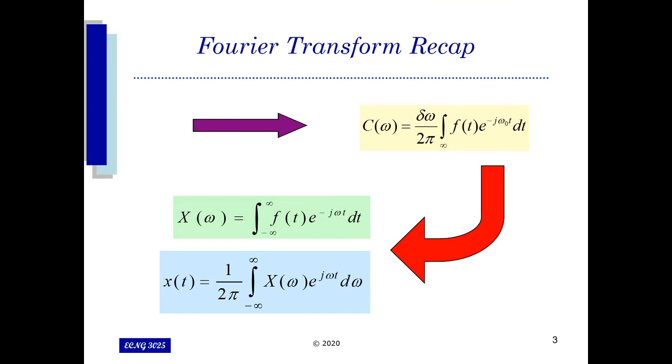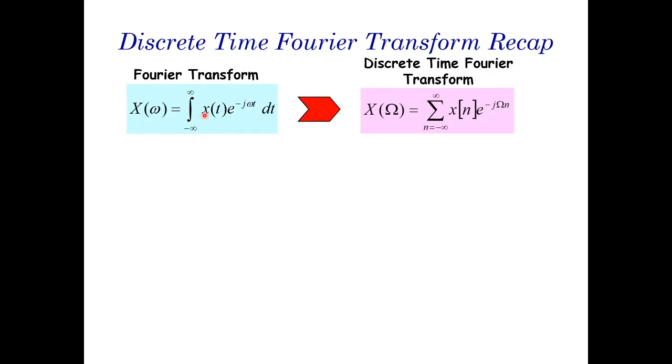The inverse transforms are given because this here represents our Fourier transform and this here represents our inverse Fourier transform. So applying those 5 limits, we moved from the Fourier transform to the discrete time Fourier transform accordingly.